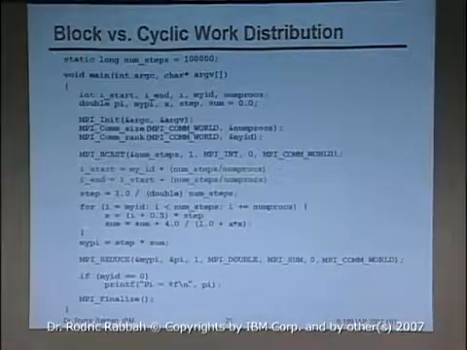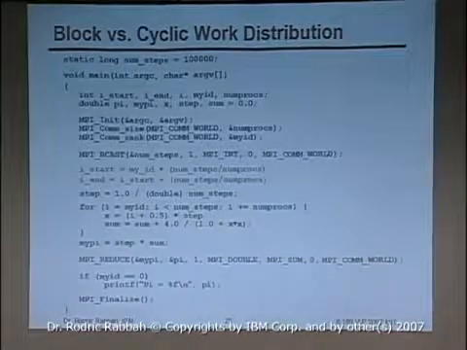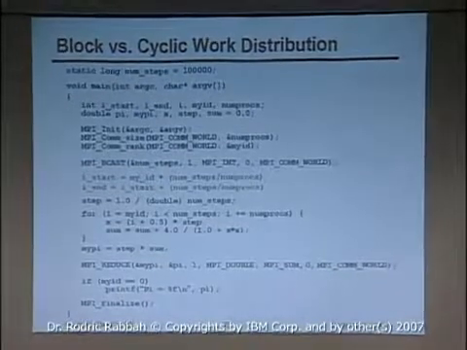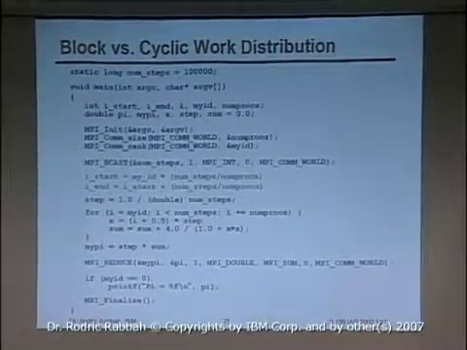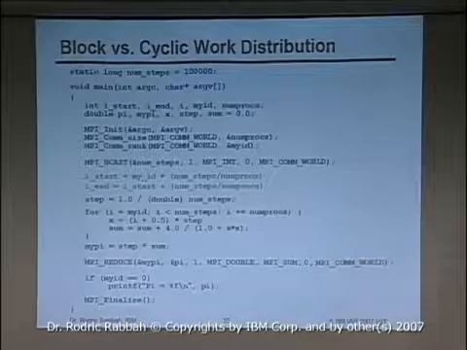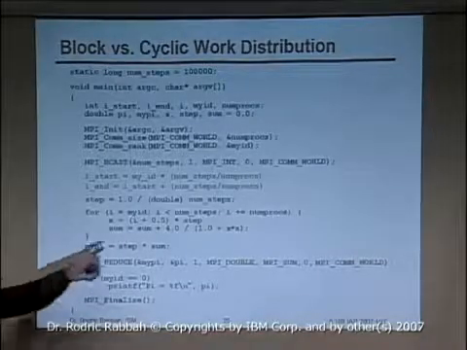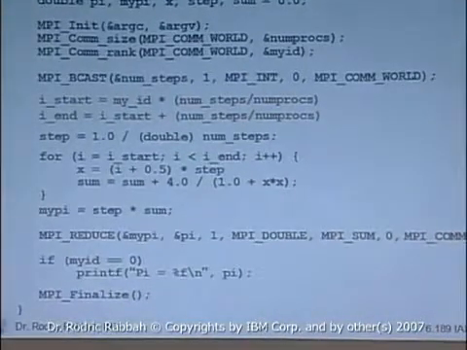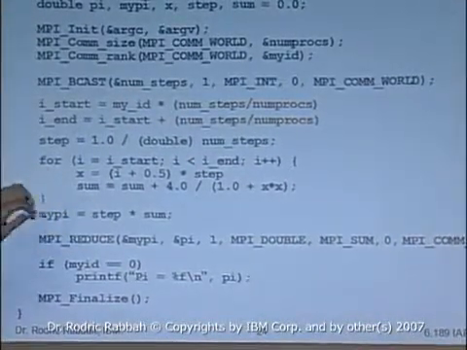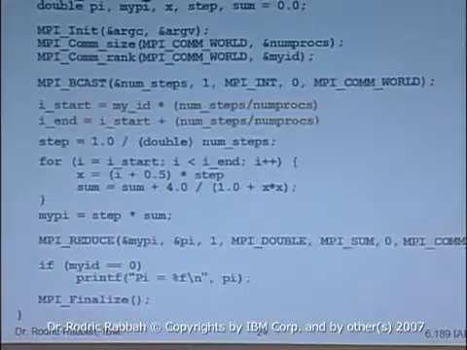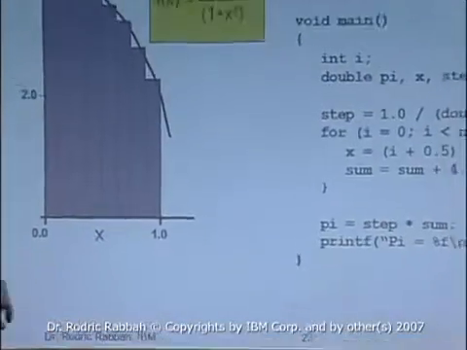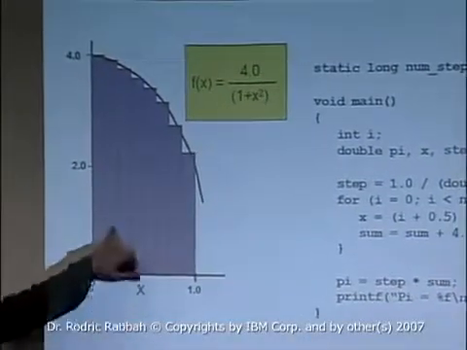But I can do a different distribution. The first is a block distribution. I can also do something called a cyclic distribution, where I distribute work in a round-robin fashion or some other mechanism. In the block distribution, each processor gets one entire slice.